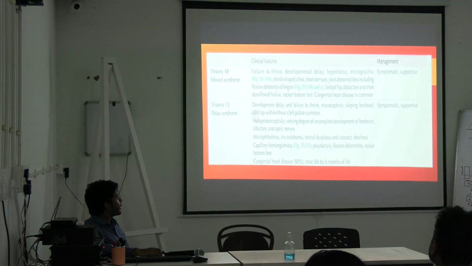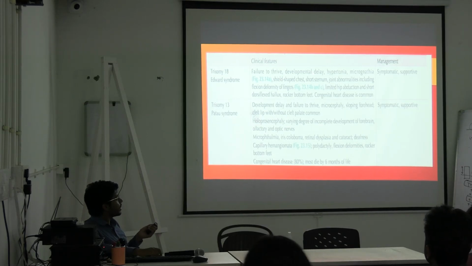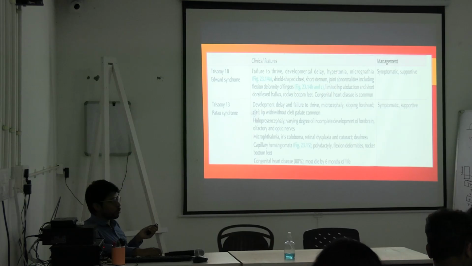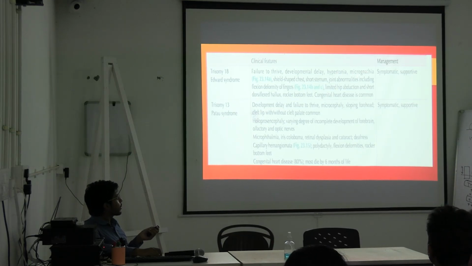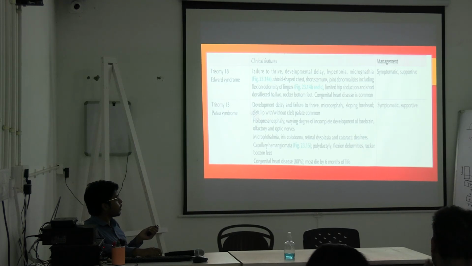Now trisomy 18 and trisomy 13, less important. Trisomy 18, Edwards syndrome, clinical features: failure to thrive, developmental delay, hypertonia, tone will be more, that is differentiating. Micrognathia, shield shaped chest, short sternum.